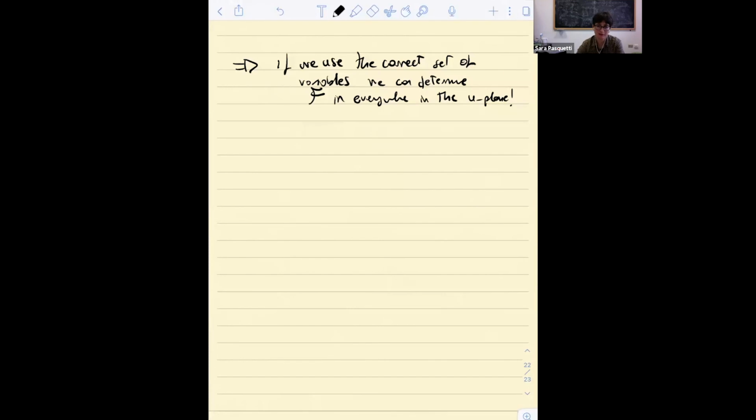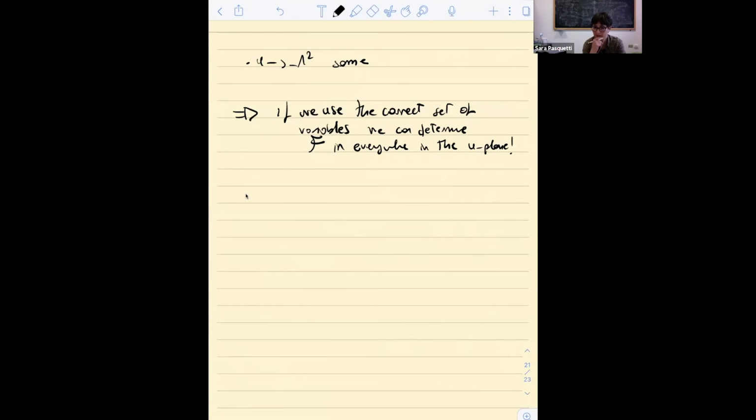And maybe before, I want to make another comment about the important development that followed this result by Seiberg-Witten. So they managed to construct the prepotential everywhere in the U plane by solving this monodromy problem. They managed to fix this contribution due to instantons. There is another way to get instantons.